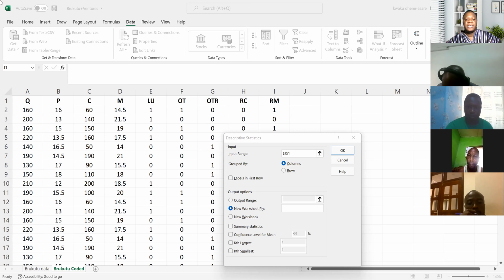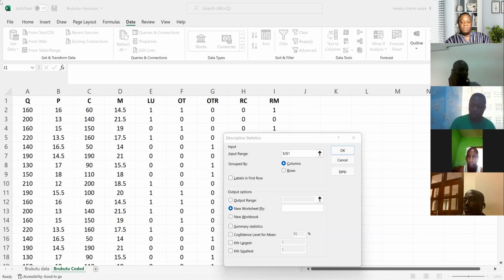Look in the list for add-ins on the far left flank. Add-ins. And then when you click on the add-ins, on the right you see analysis toolpak. Click it, come down, you will see go. Click the analysis toolpak, let it highlight blue.